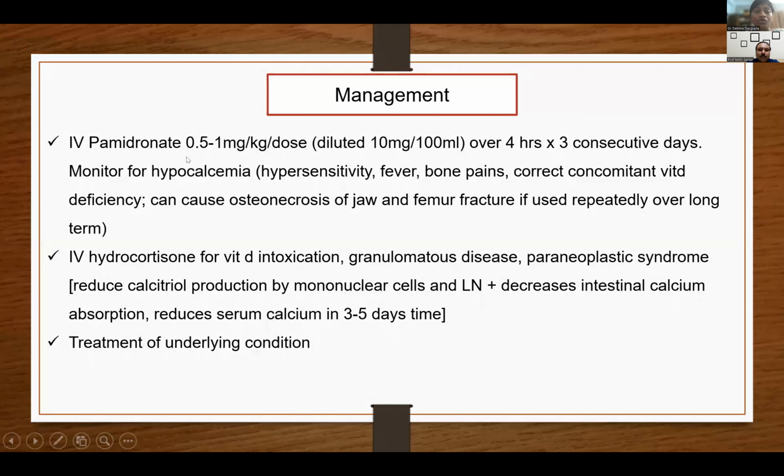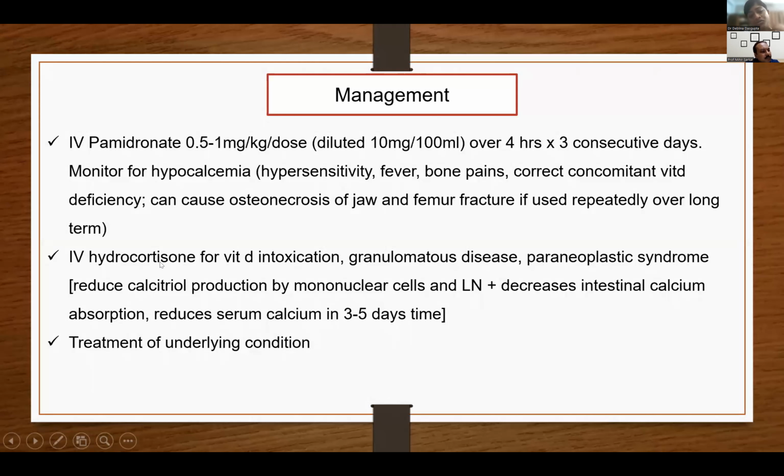A very important cause of hypercalcemia is often the malignancies, and in those cases, your hypercalcemia may prove to be recurrent or refractory. In that case, you may have to repeat this IV pamidronate every 3 to 4 weeks. And when you do that, there are chances that you may get some adverse events like osteonecrosis of jaw and femur fractures. So you have to watch out for this.